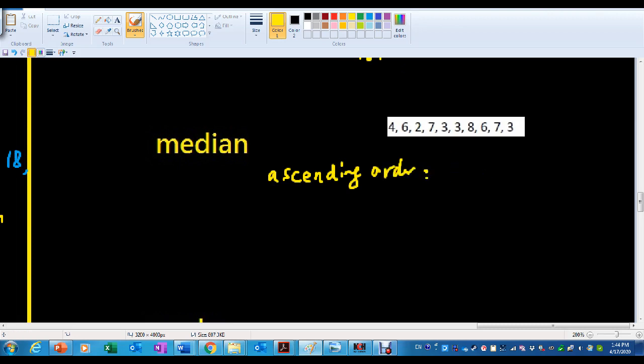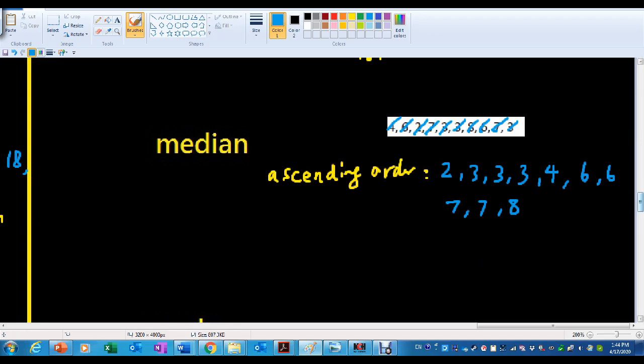Starting with 2 and 3, and then there's 4. There's no 5, so you should have 6, and then 7, and 8. Are there 10 of them? Yes. So that is the ascending order.